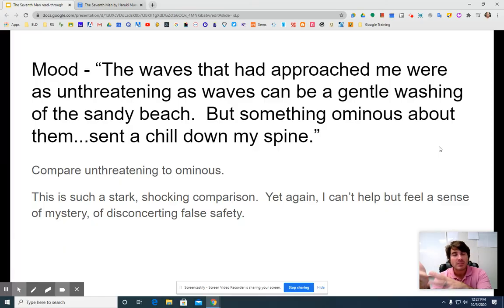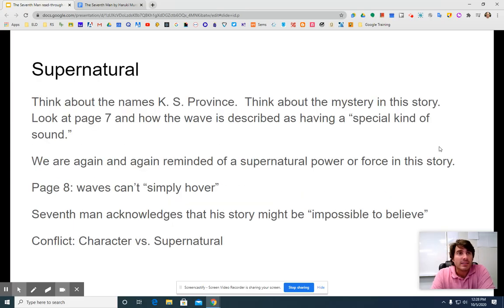And if it's ominous, it cannot be unthreatening. And yet, that's how it's described. So we as the reader have to really try and get ourselves into this position of like, the waves were calm, but everything around is so weird in this strange experience that the seventh man still feels a little bit of fear. He still feels a little uneasy. All right. I like that.